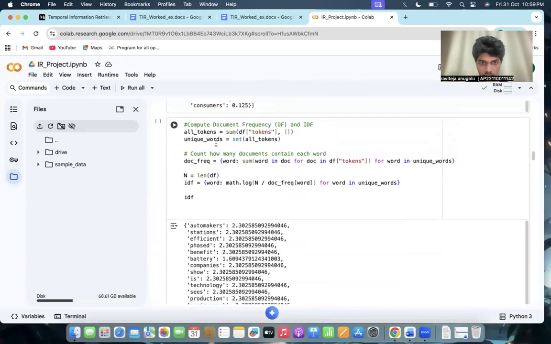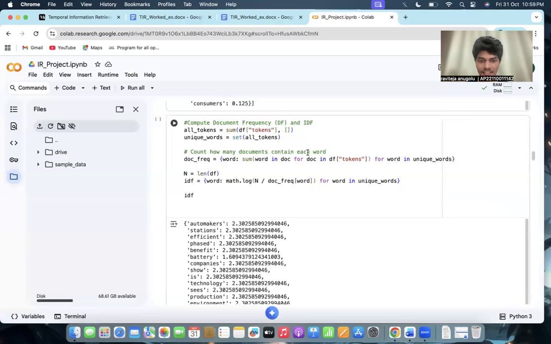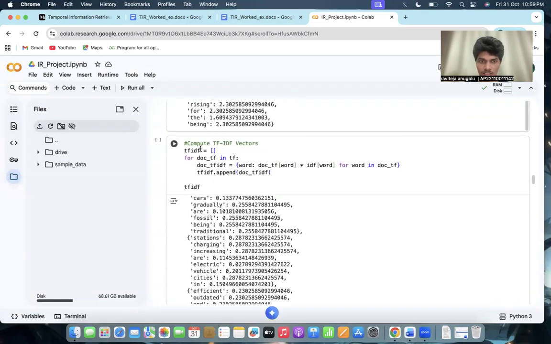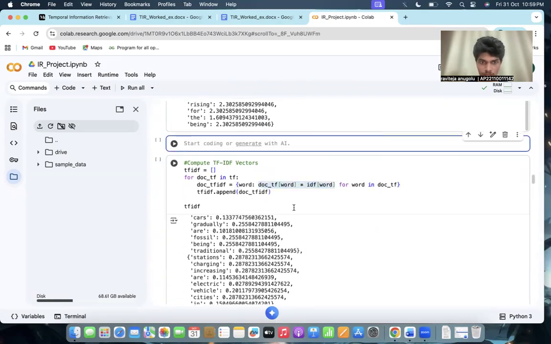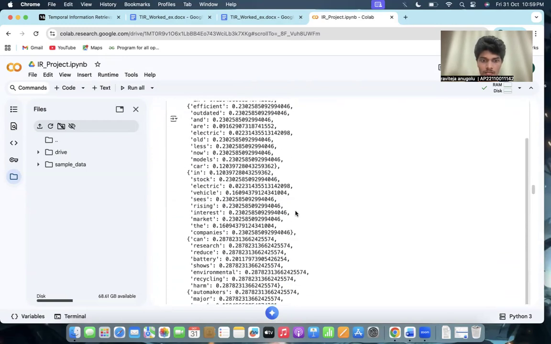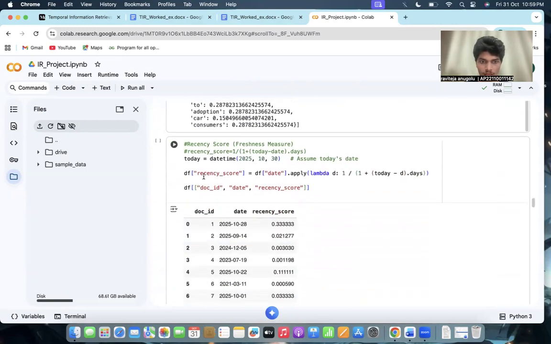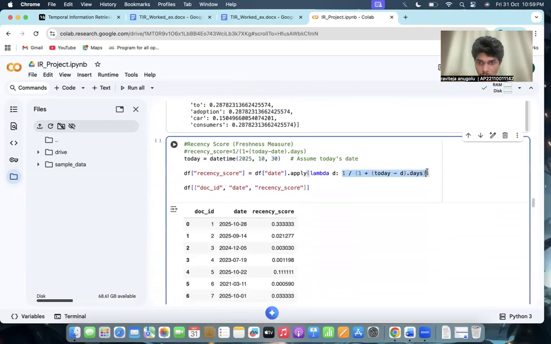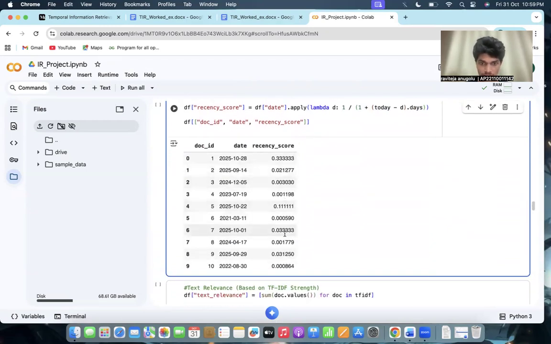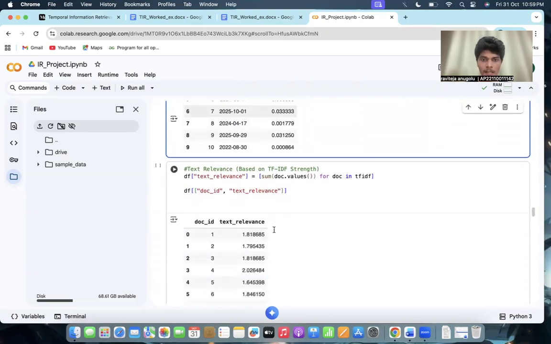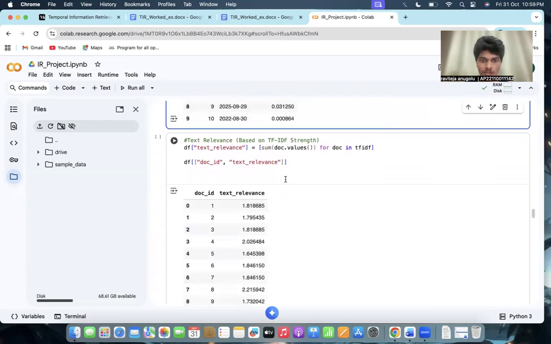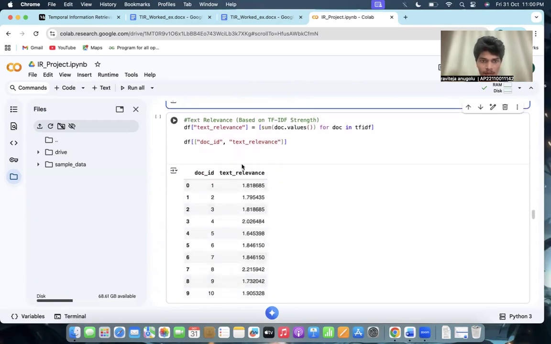This code is for calculating IDF values, and this is for TF-IDF vectors, that is, multiplying TF and IDF. Here we calculate the recency score with the formula 1 divided by 1 plus today minus document created day in number of days. Here we can see the recency score. TF-IDF strengths will be provided here.